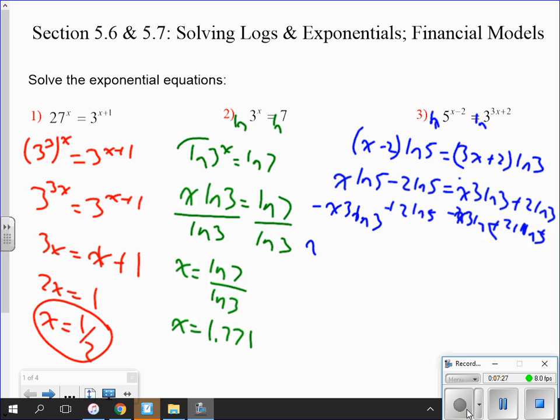And you have x natural log of 5 minus x 3 natural log of 3 is equal to 2 natural log of 3 plus 2 natural log of 5. Like I said, it's not pretty.